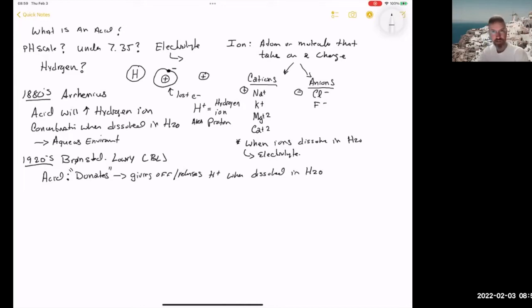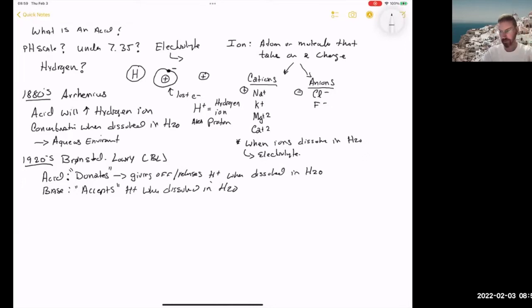That is the Bronsted-Lowry definition of an acid. And a base is anything that accepts hydrogen ions when dissolved in water. So that is the Bronsted-Lowry definition.